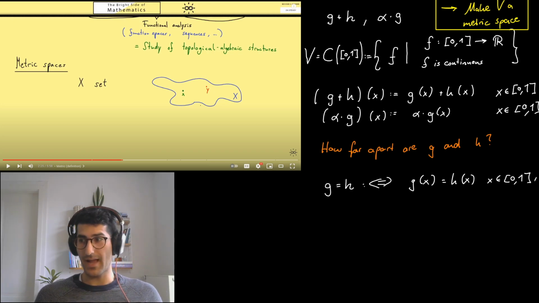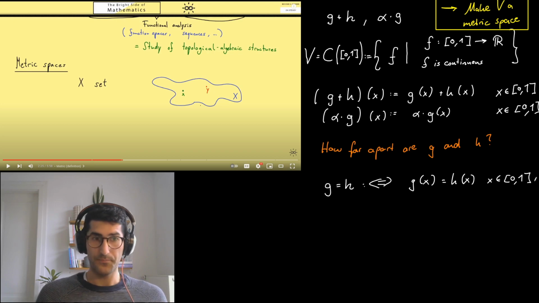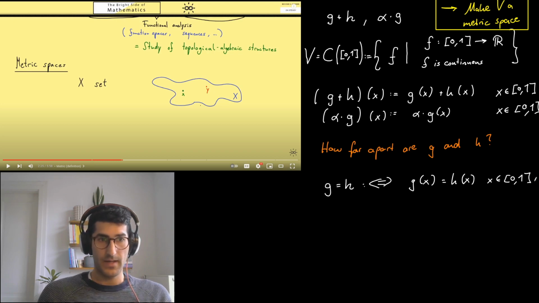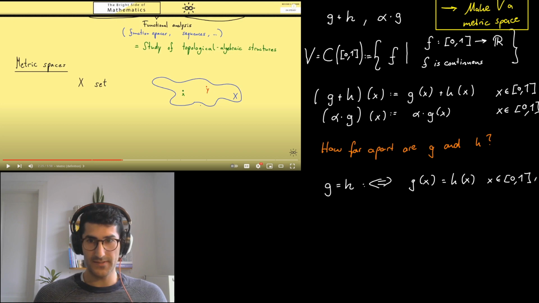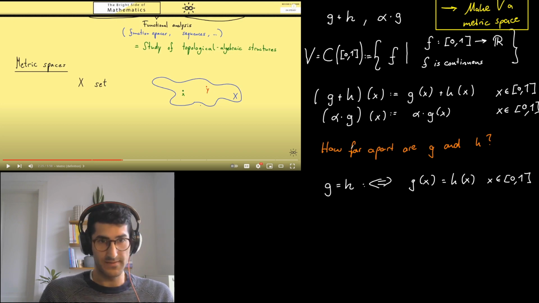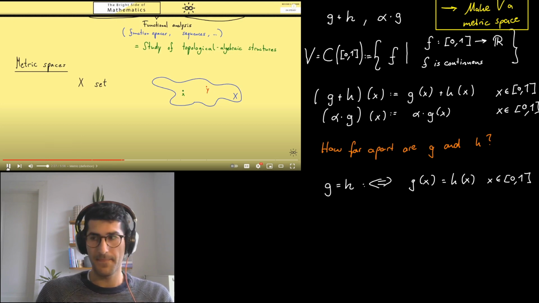You see, up to now, we have not yet introduced further analytical structure to our space. This is everything that the space and the algebraic properties of the space bring to the table. And what we are now interested in is measuring the distance between these 2 points. This is what we now want to change.